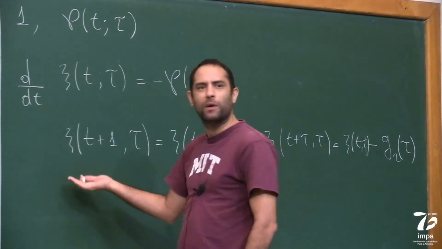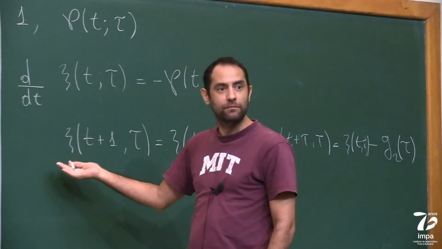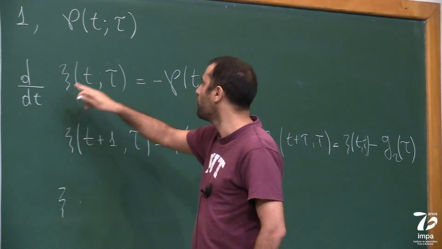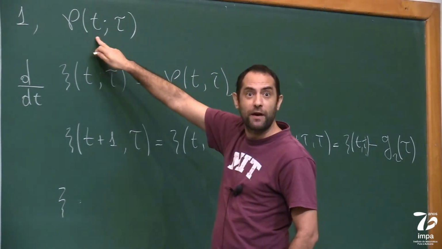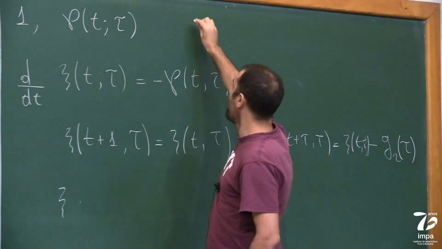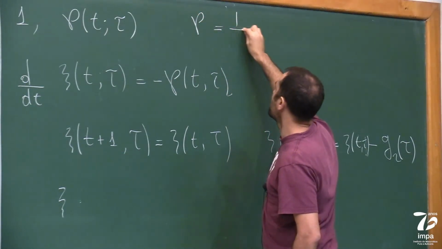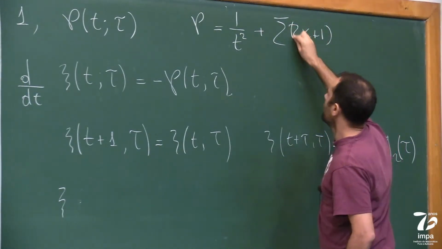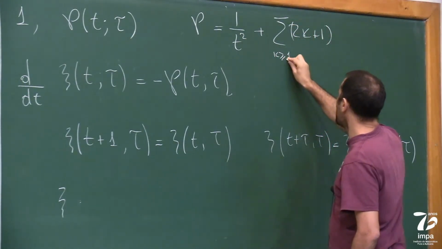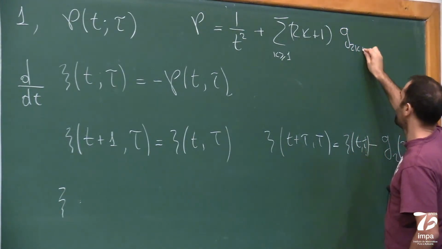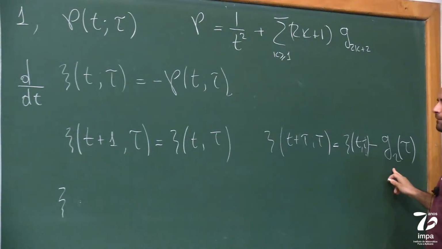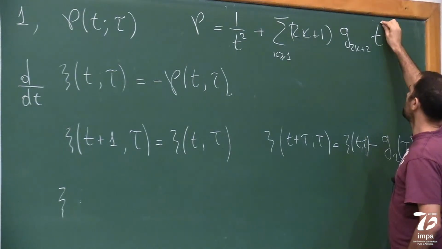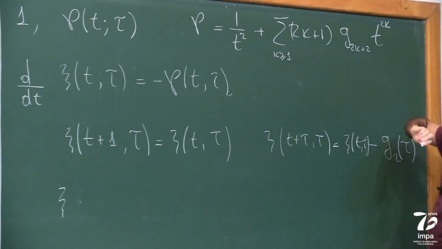And let me tell you the only thing we will need of this function. I told you what the Taylor expansion of this P function at t equal to 0 was. And remember that P, I wrote it as 1 over t squared plus the sum of 2k plus 1, where k is bigger or equal than 1, G 2k plus 2, yeah, so that's what Jethro is pointing out here, and here I got a t to the 2k.